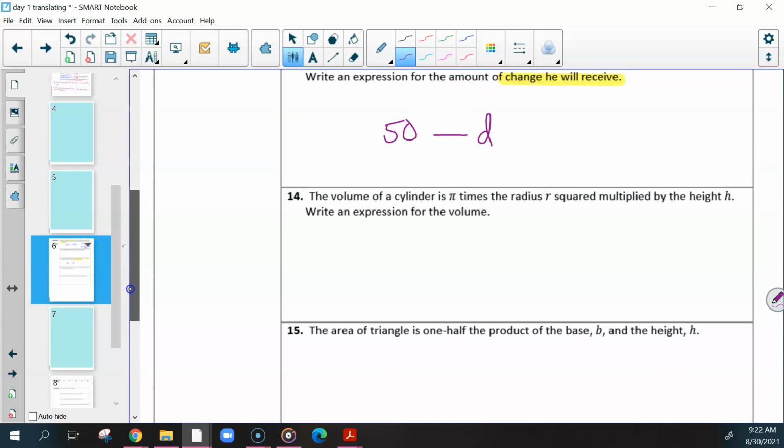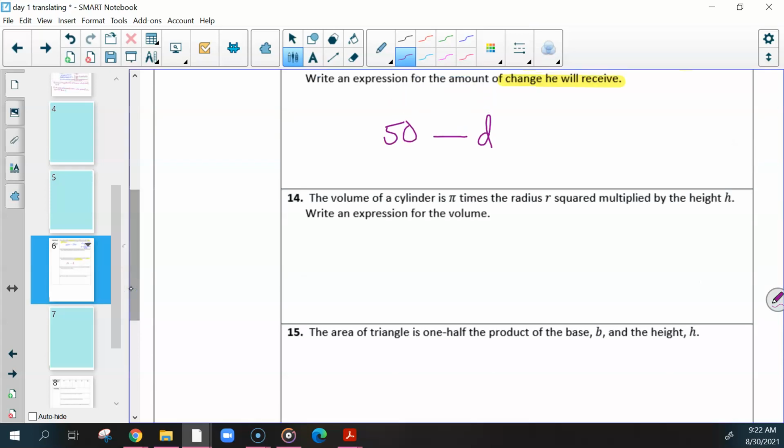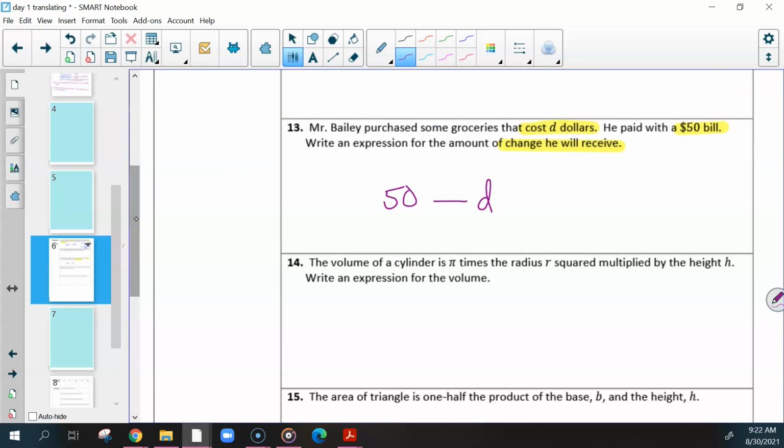Would the variable go before the 50? In this case, no, because if you went to a store and bought groceries but didn't have the amount, you'd probably have to go work for them for the day, or not buy any groceries. The 50 goes first because that's how much you start with.